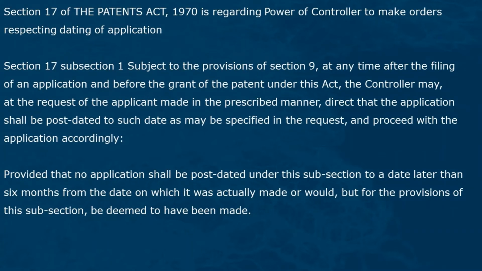Section 17 of the Patents Act, 1970 is regarding power of controller to make orders respecting dating of application.